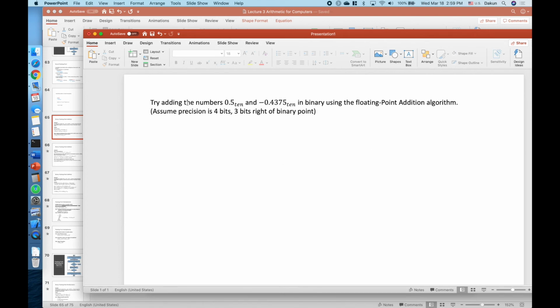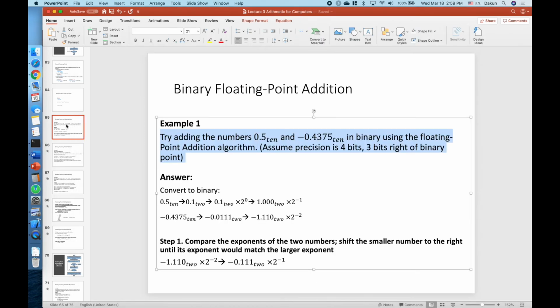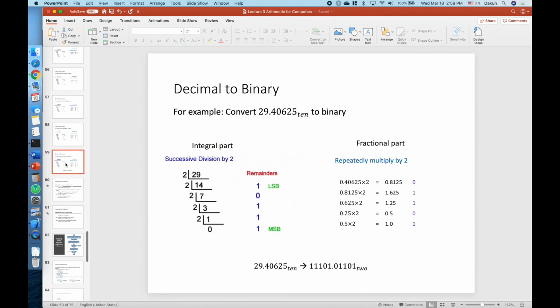If we are trying to add those two numbers in binary format, then we should first translate those decimal numbers to binary numbers. Recall that we use this strategy to translate a decimal number to a binary number.